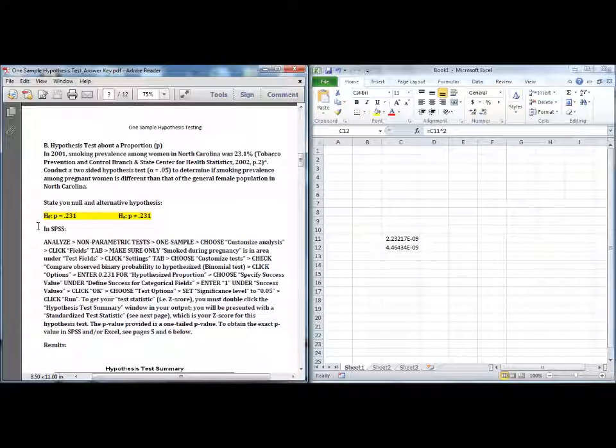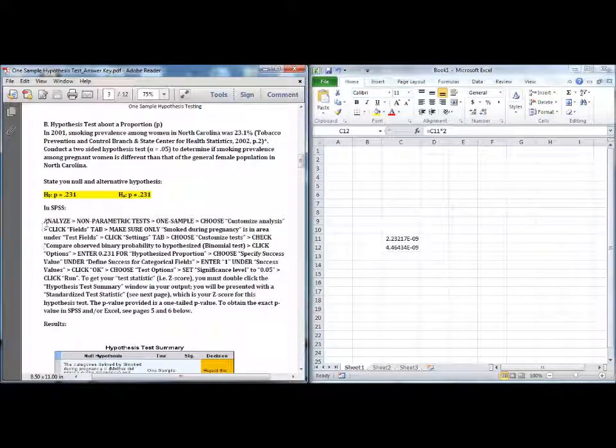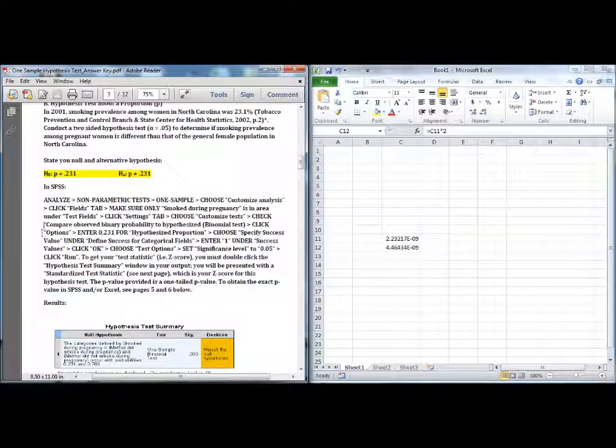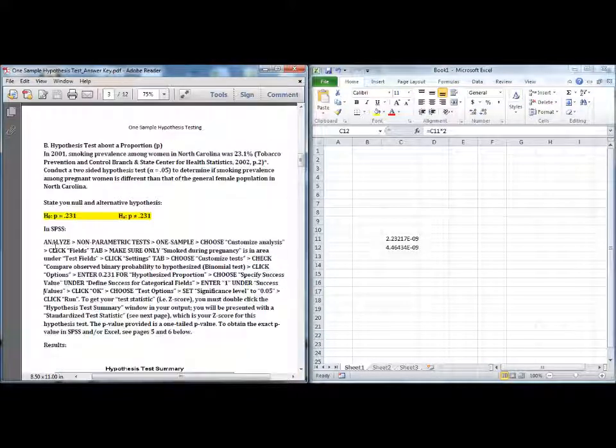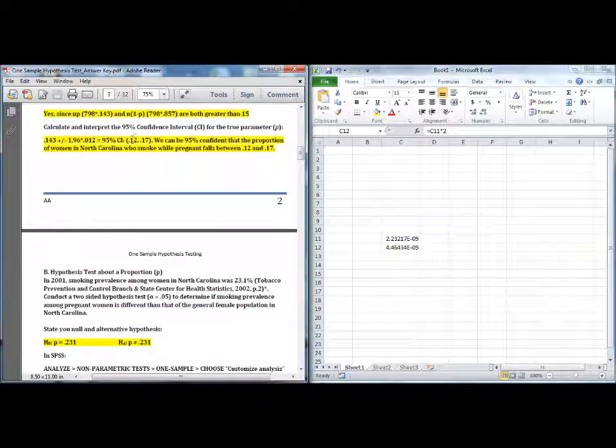You should not just stop and say that, okay, it's not 0.231. You should also follow it up with a confidence interval to give some values. You're saying it's not 0.231, but also you're going to give some values which you are saying we assume are between 0.12 and 0.17. We're 95% confident of that.